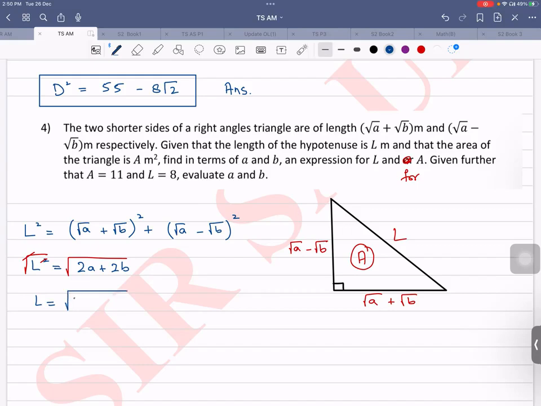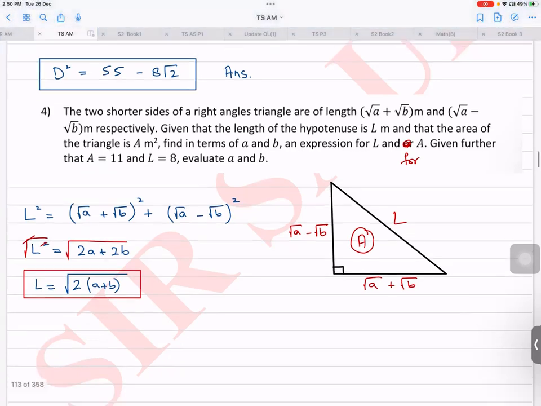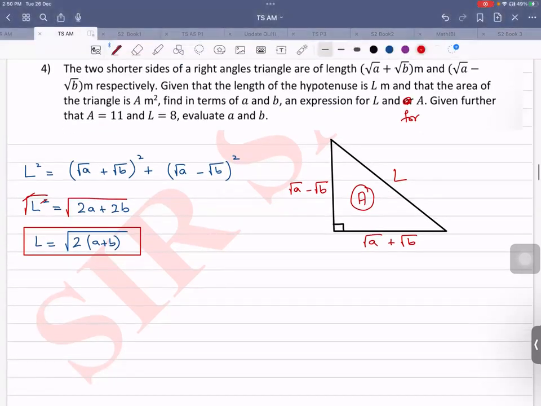So it's basically 2 bracket A plus B inside the square root. Now we will find the expression for A. Half into base into height.